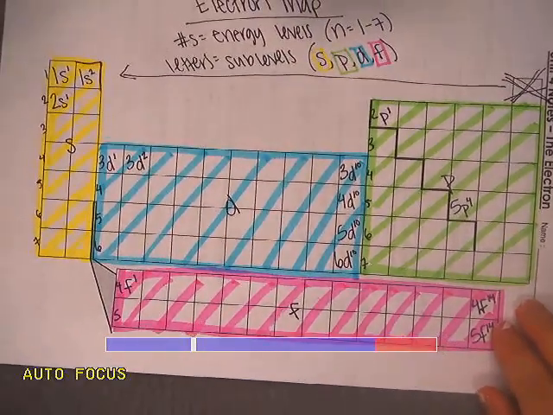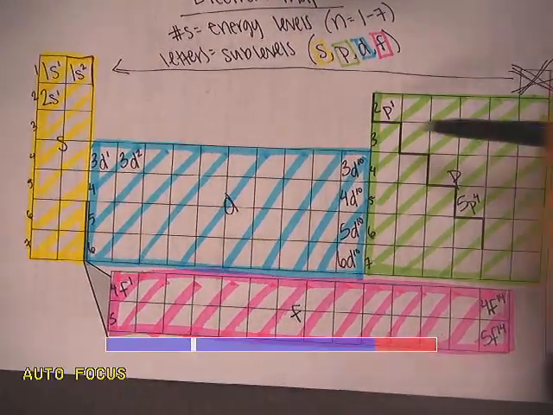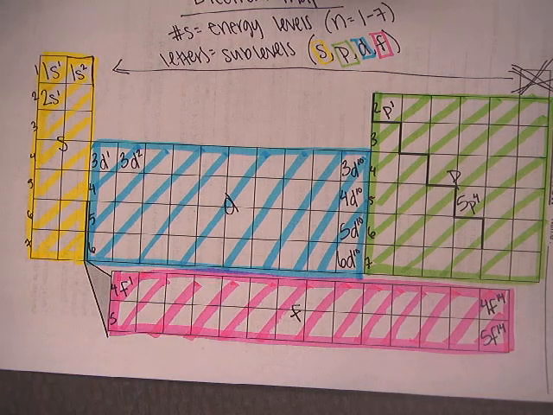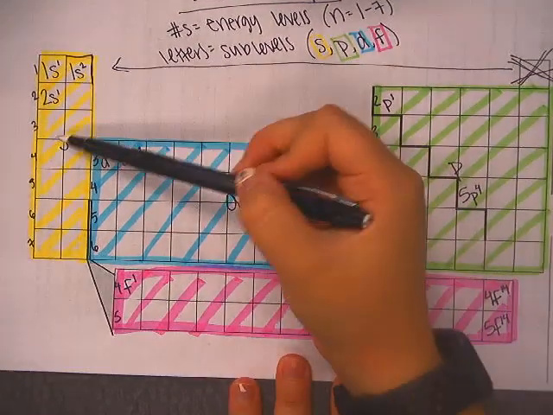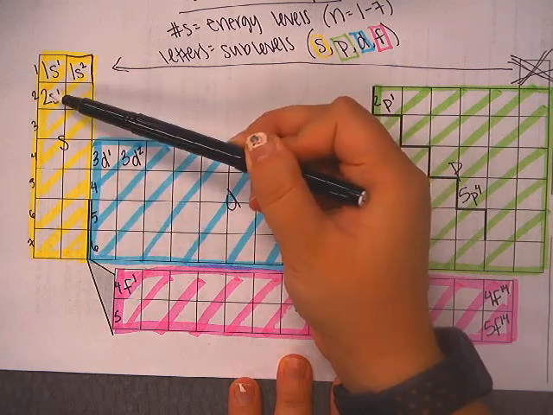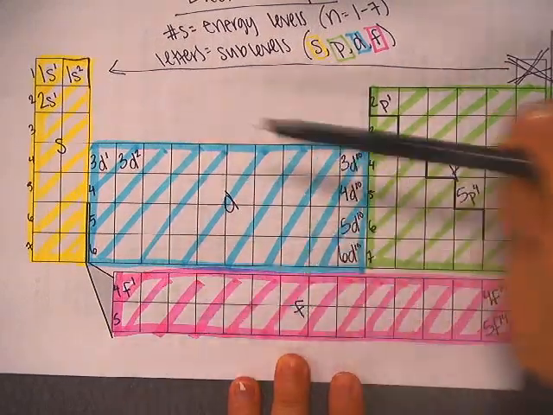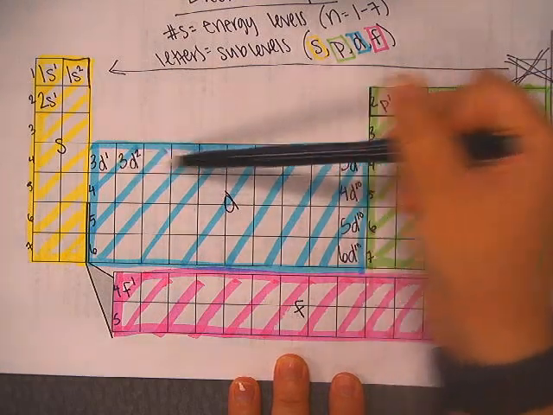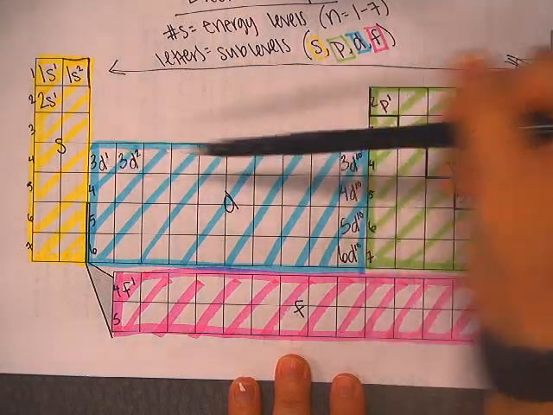So every single box has a specific unique coordinate code. I don't know what else to call these. Electron configuration descriptor that goes with it. So all of these that are in the yellow will have S's. It's either going to be box 1 or box 2. All of these in blue are going to have D's. It's going to be D1 through 10.